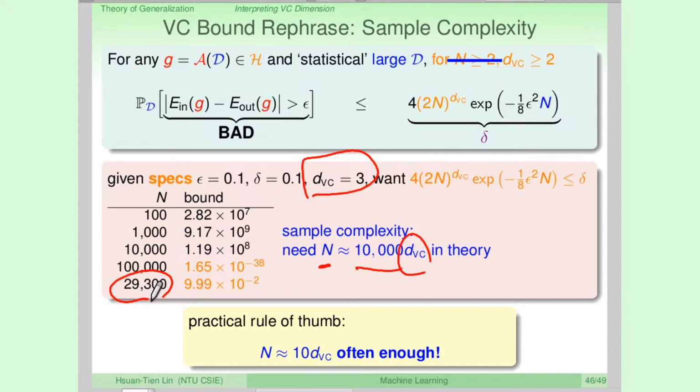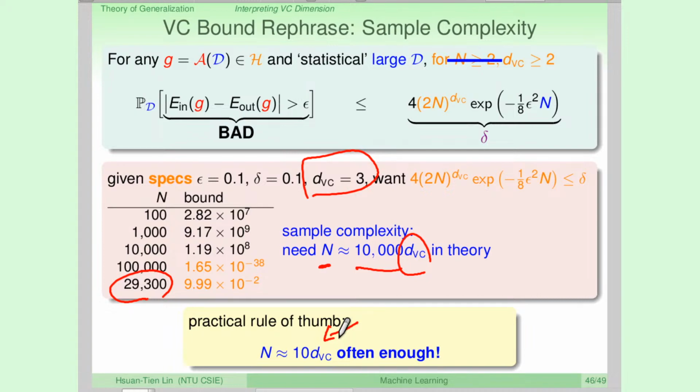Okay, so 30,000 is good. It's suggested by theory, but it's totally not necessary, physically not necessary in practice. The practical rule of thumb is that 10 VC dimension is often enough. Okay, in the particular 2D perceptron case, if I give you 30 examples, that's really enough. 100 examples, that's luxurious. You don't need 30,000.